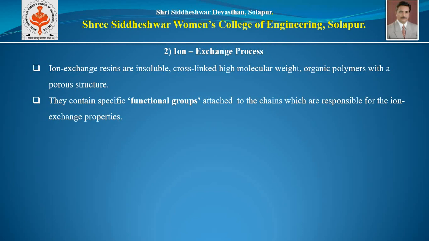In the zeolite process, we couldn't remove the anion part of the salt. For example, if calcium chloride, a hardness producing salt, is present, then we could remove only the calcium ion, that is the cation part. We couldn't remove the chloride ion, that is the anion part.